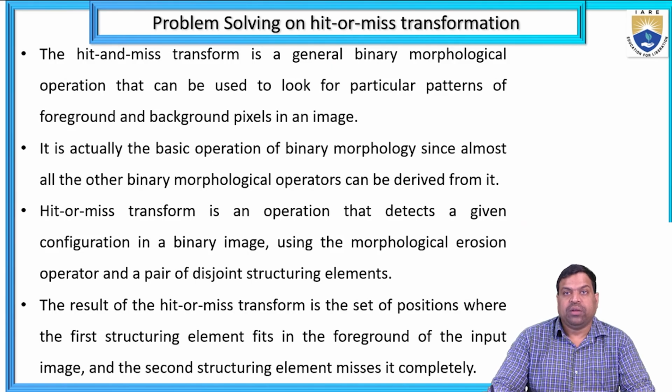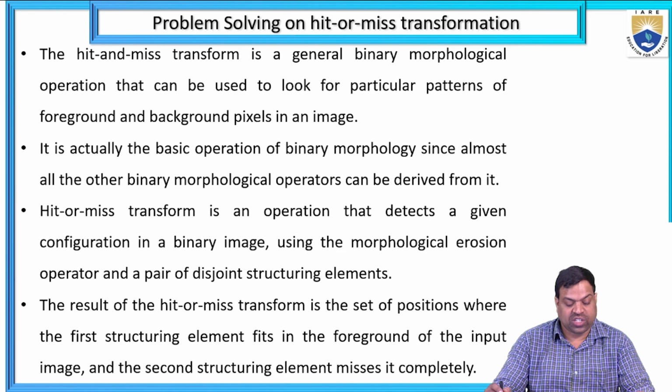The hit and miss transformation is a general binary morphological operation that can be used to look for particular patterns of foreground and background pixels in an image. It is actually the basic operation of binary morphology, since almost all the other binary morphological operators can be derived from it.